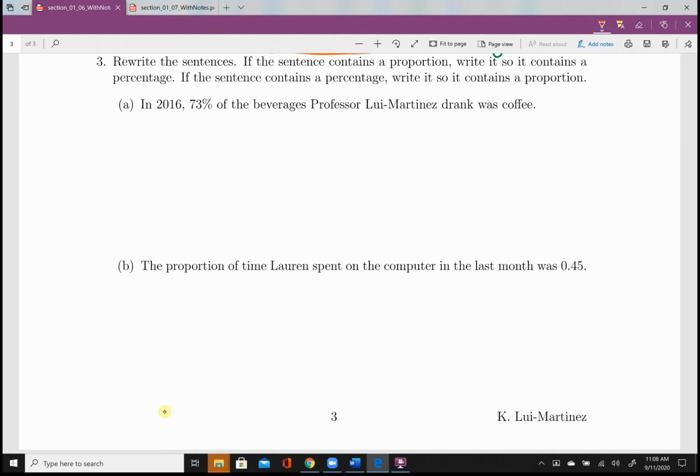What we're going to do is turn it into a proportion, which could be represented as a reduced fraction or a decimal. That's one thing that I didn't mention earlier, is that totally you could have your proportion represented as a decimal, and let's go ahead and practice that now.